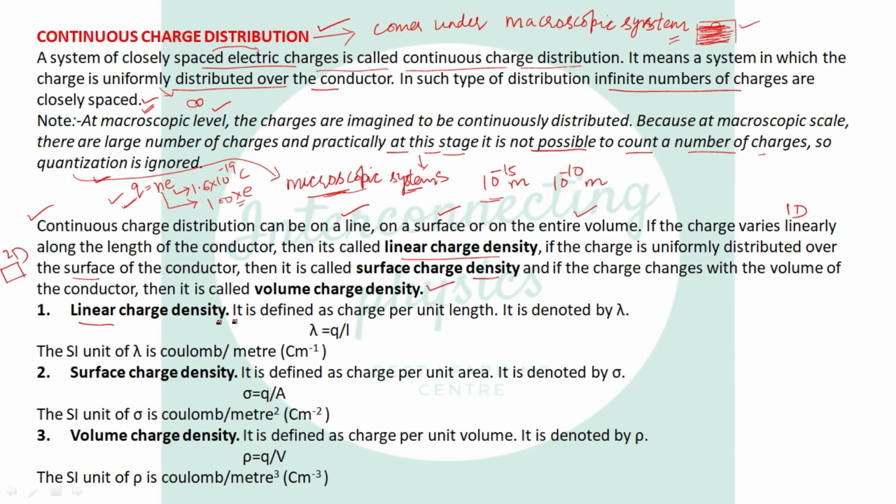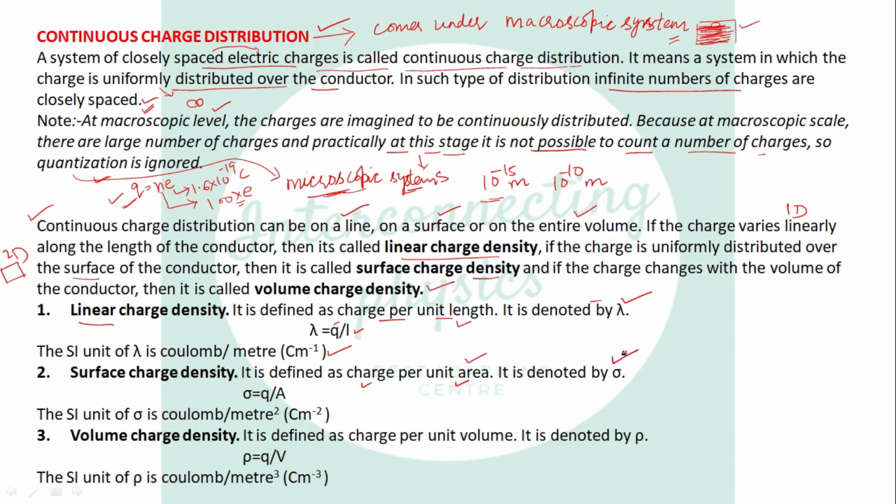Linear charge density is defined as charge per unit length. It is denoted by lambda. Lambda equals charge divided by length, and the SI unit is Coulomb divided by meter, Coulomb meter inverse. Similarly, surface charge density is charge divided by area.